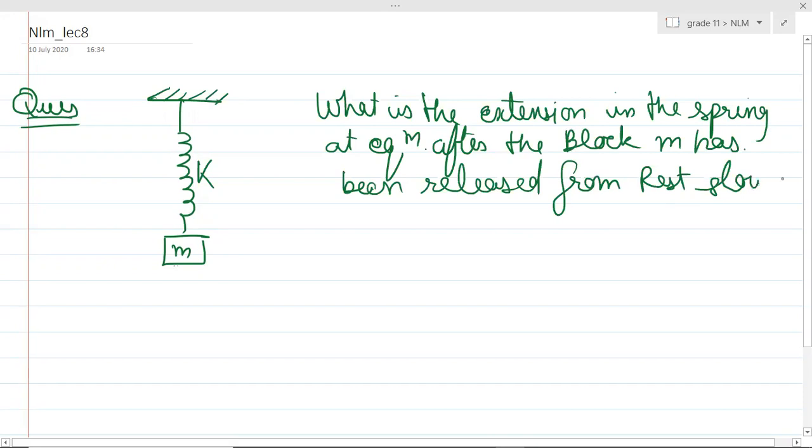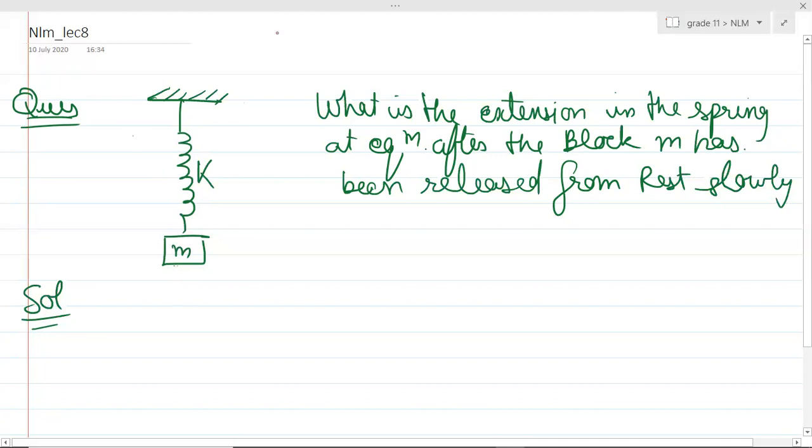So if I release this mass very slowly, will the spring stretch, right? Yes or no, guys? There is mg acting on this block. Initially this block will try to go down because there is only one force acting when it is at its natural length, with no extension.